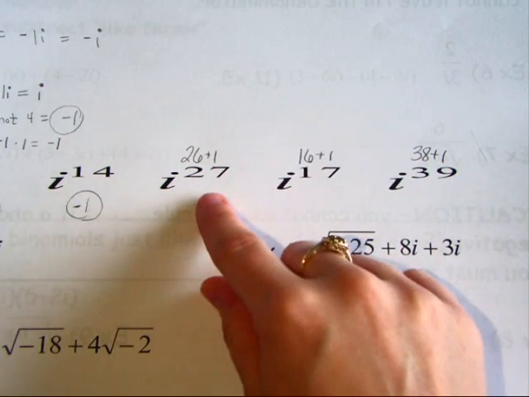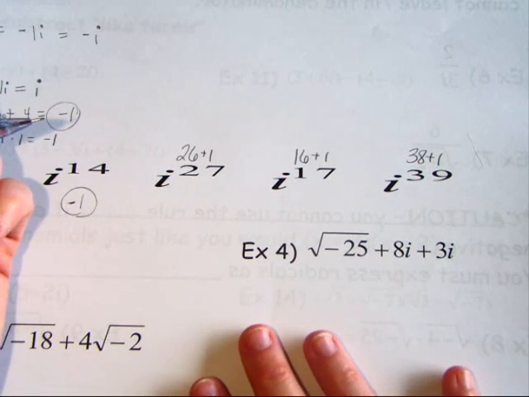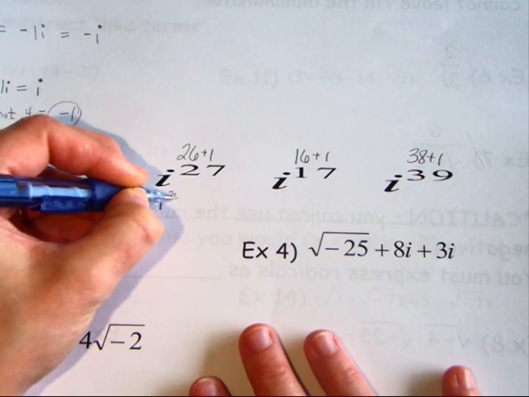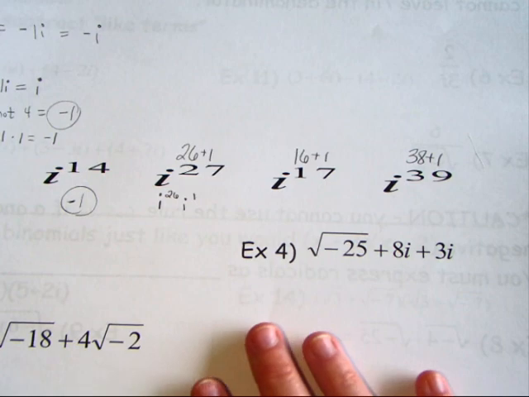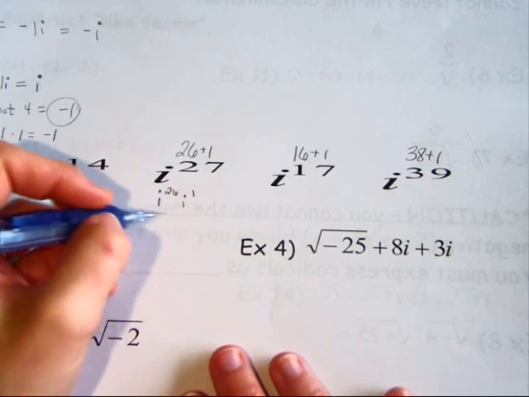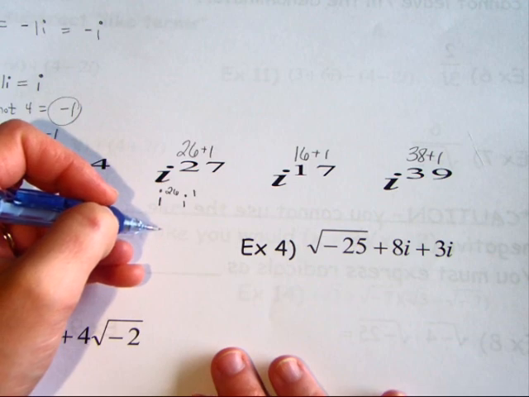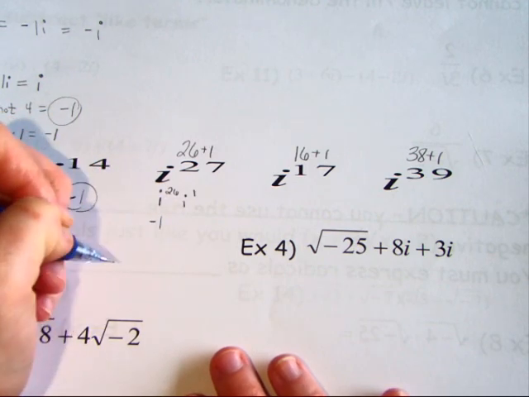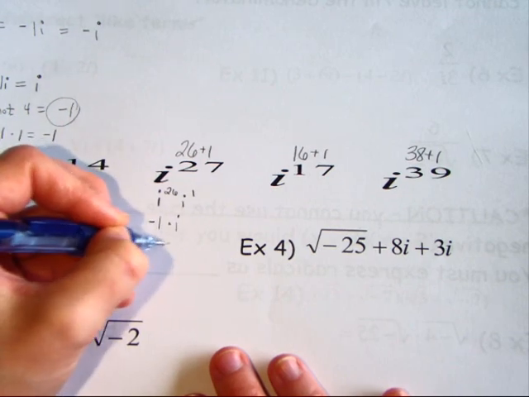All right, every odd problem is going to have an i left over. Okay? For example, i to the 27th is made up of i to the 26th and i to the 1st, because 26 and 1 makes 27. i to the 26th, well, let's think, is that a multiple of 4? No, it's just a multiple of 2. So that's negative 1 times i, which is just negative i.